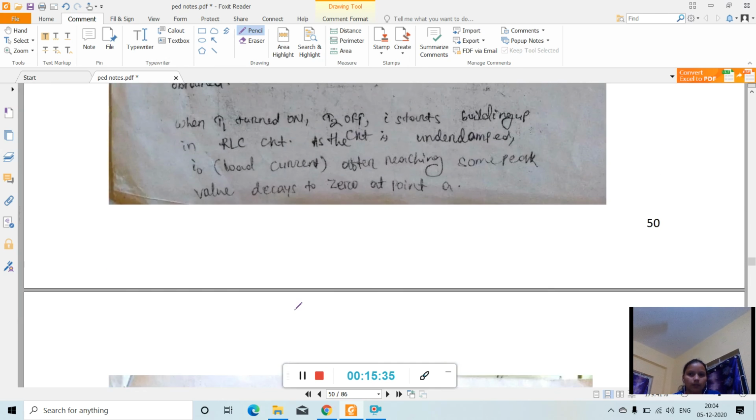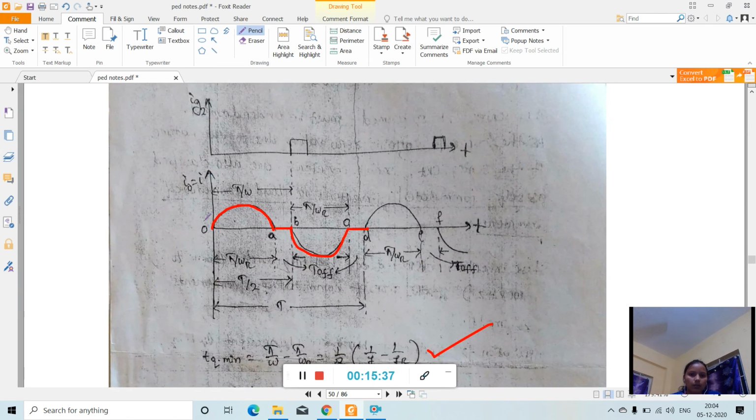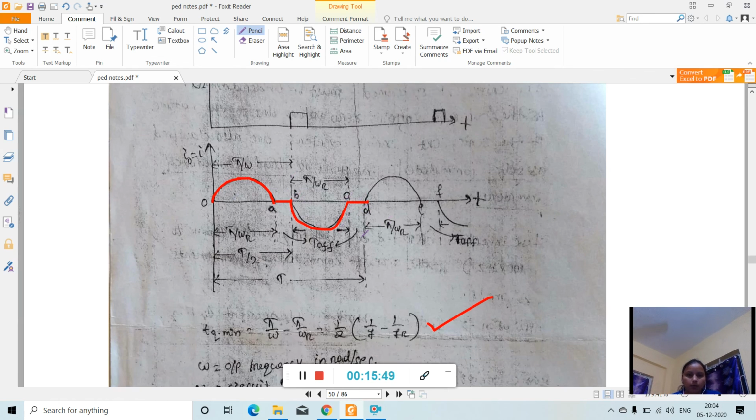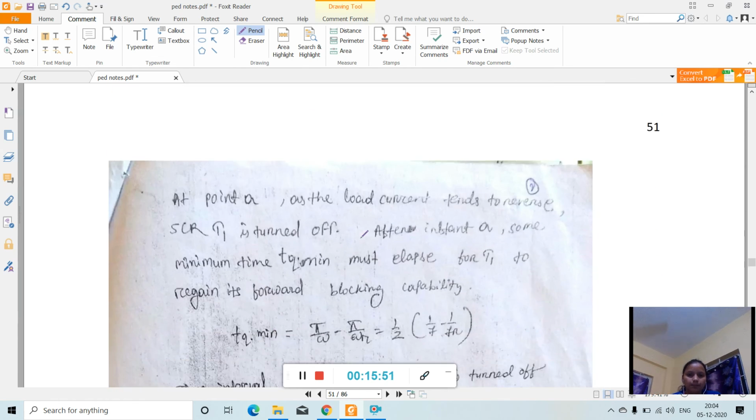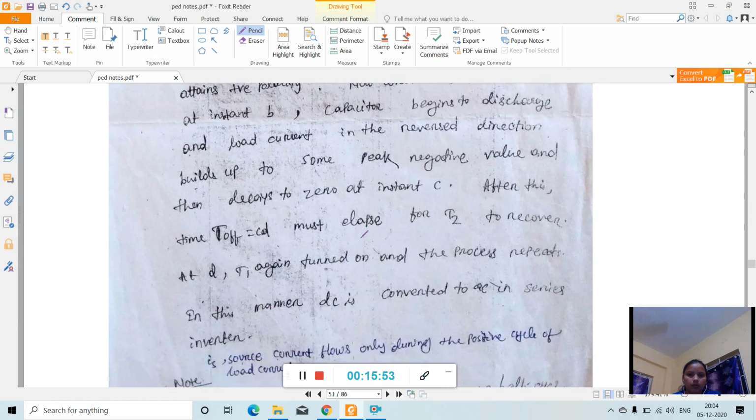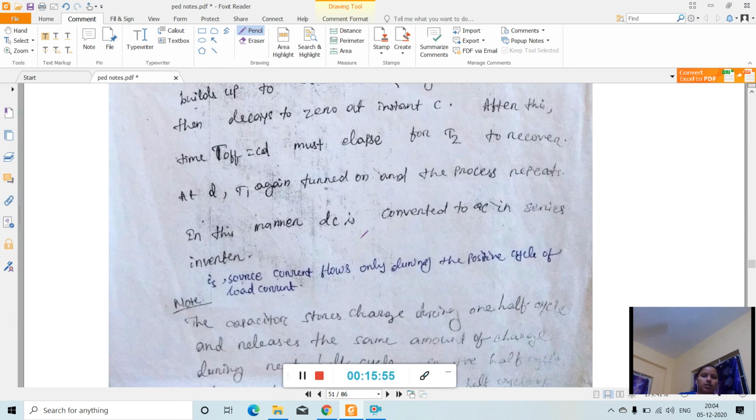See, this is in the forward direction waveform, this is in the reverse direction waveform. So this part is the reverse of this part. So this is one kind of alternating waveform. In this manner the DC is converted to AC in the series inverter.